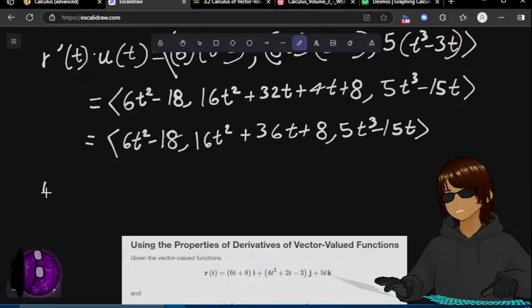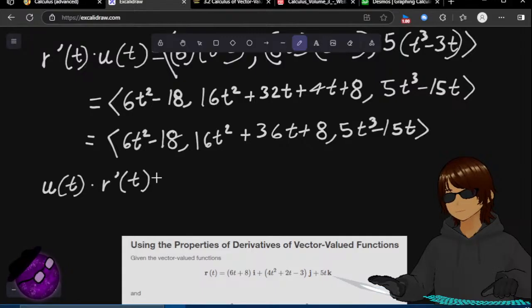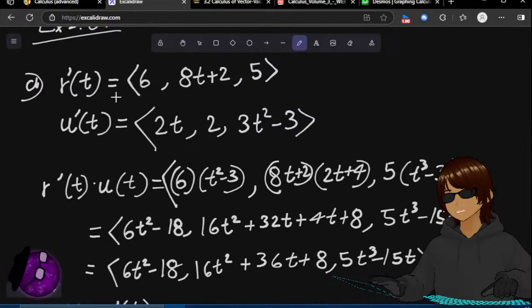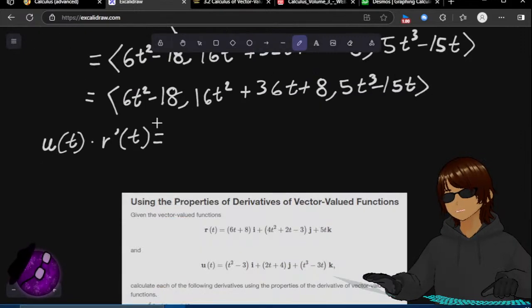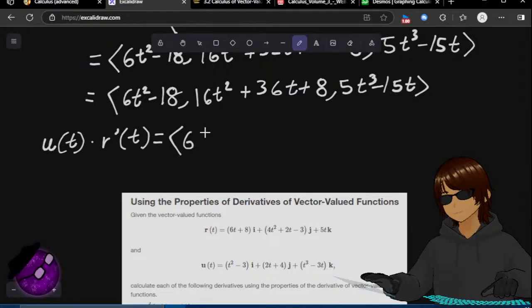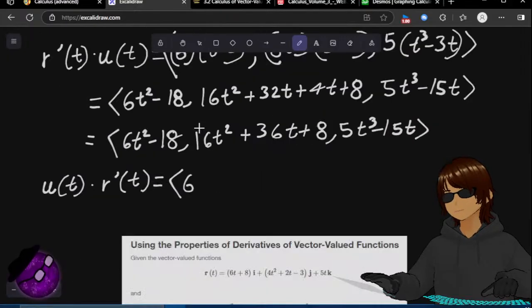So that would be u(t) dot product the derivative of r(t), that is 6, 8, hold on.